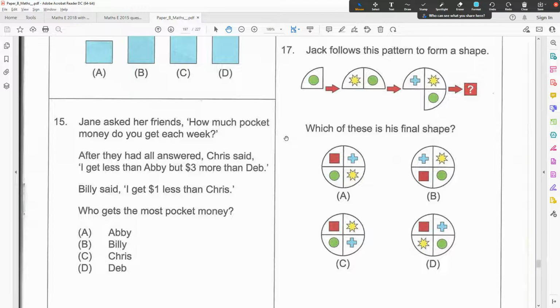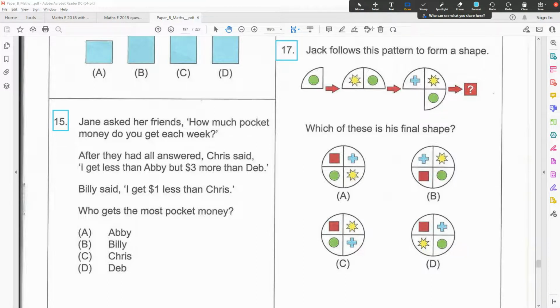All right. Question 15 and 17. I want you to acquaint yourselves with these two questions. And then after that, let's have a look and see if you can do that. Press pause, try the questions, and then press play. Question 15 and 17. Press pause and then try it.